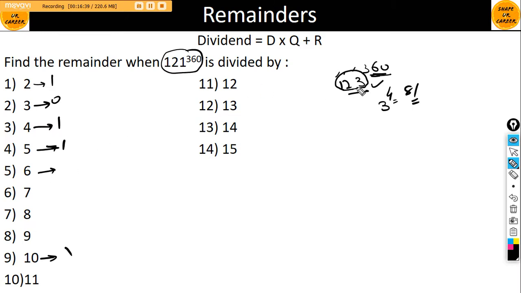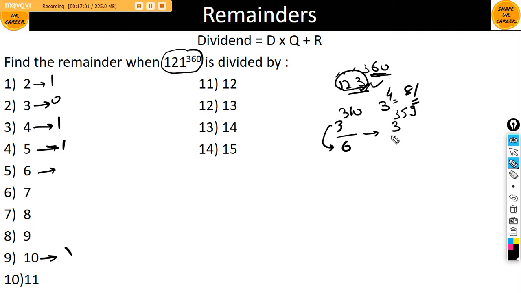In case of 6 now, 123 raised to power 360 gives me a remainder of 3 raised to power 360 when divided by 6. Now in this case it is very clear that there is 3 which is common between the two. So if there is a number which we can cancel out, you can always carry the process of cancelling the numbers.